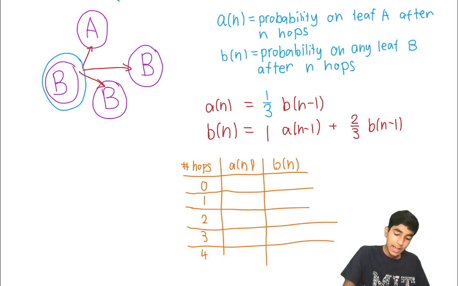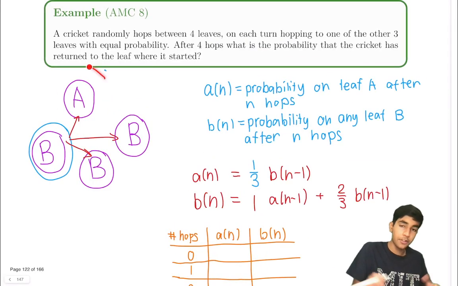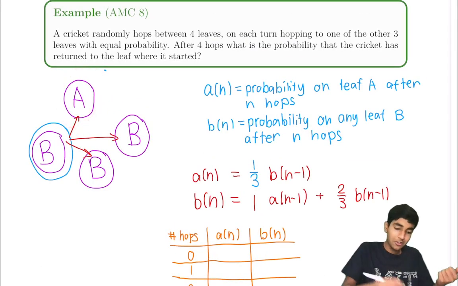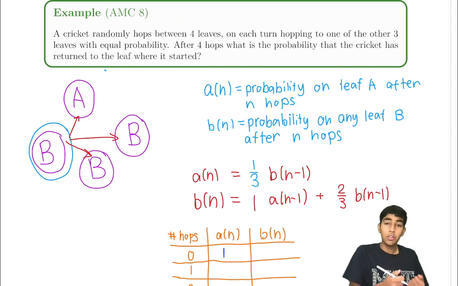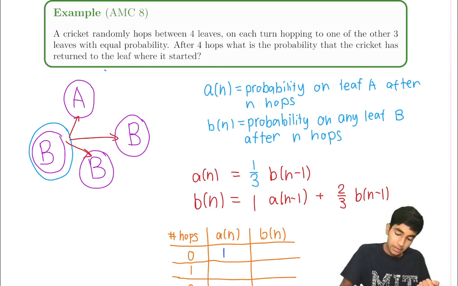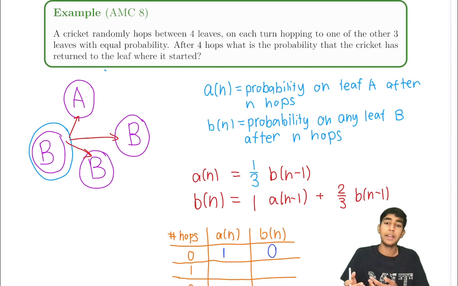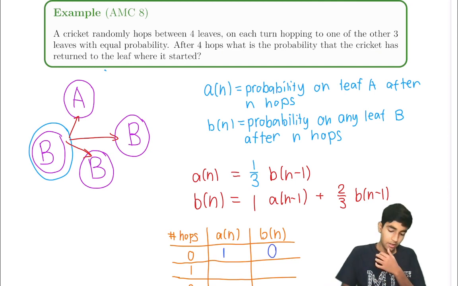So what is A of n after 0 hops? What's the probability of being on the original lily pad after 0 hops? That's just 1, of course. You start at A, so the probability of being on an A lily pad after 0 hops is just 1. And that means the probability of being on another lily pad is 0, of course.